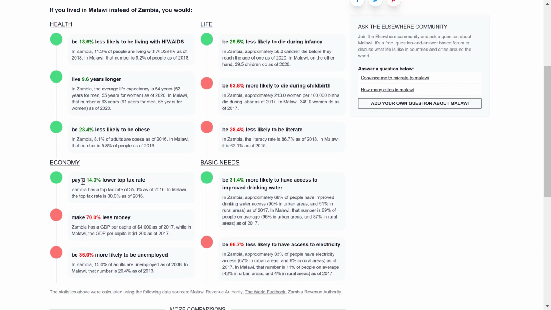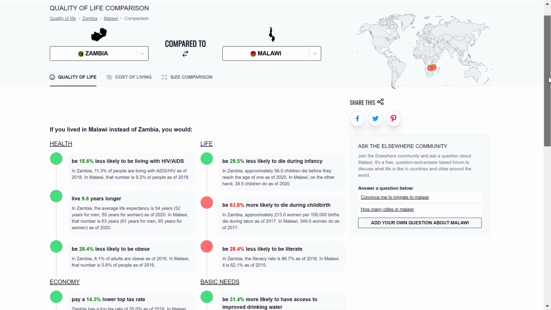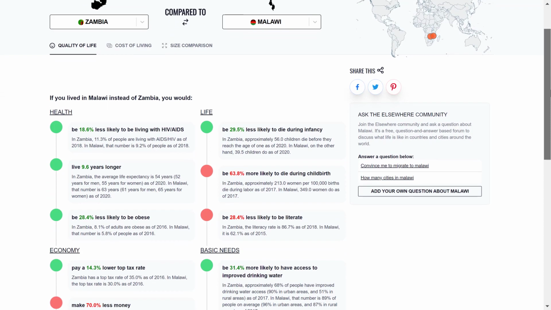Here, Malawi has a better tax rate than Zambia, and they're saying a Zambian is more likely to be literate than a Malawian. So these are some of the things we need to see. Then also here we have a lower maternal mortality rate. Anyways, so these are some of the metrics.